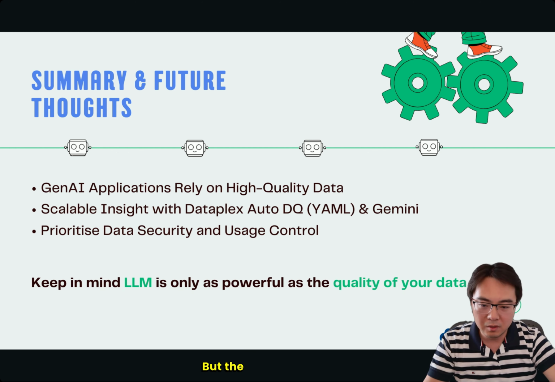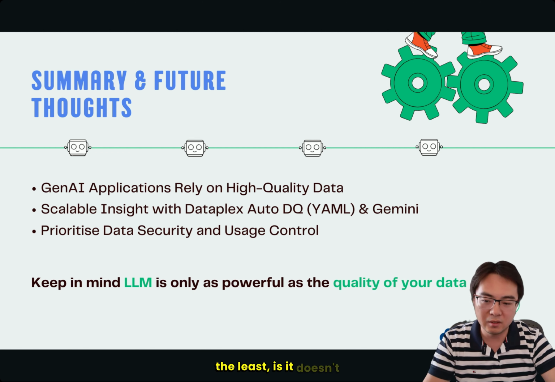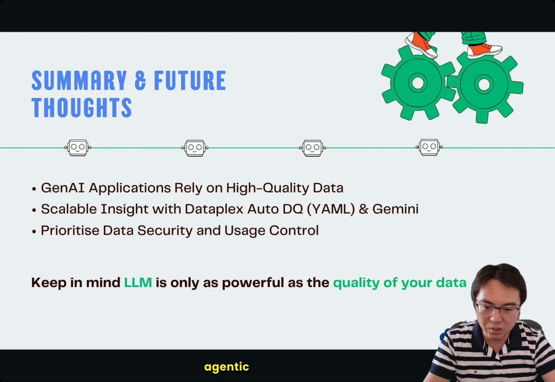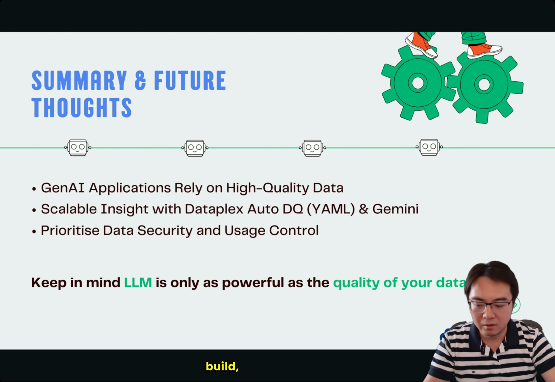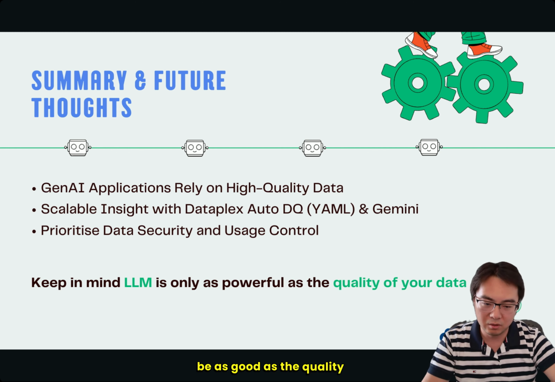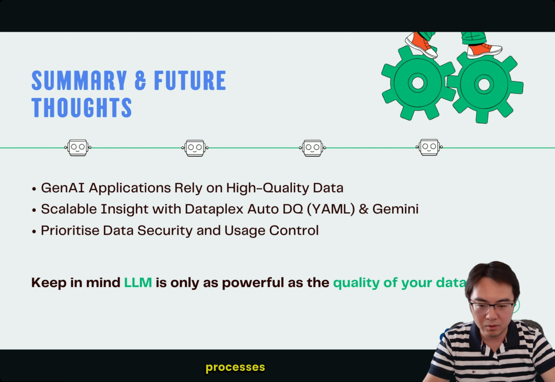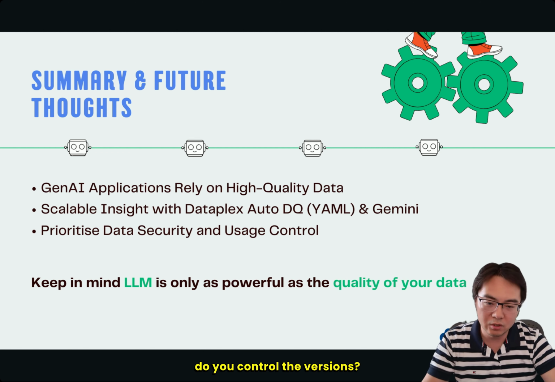But last, definitely not least: it doesn't matter how many cool GenAI agentic applications you build, the quality of your application is only going to be as good as the quality of your data. So please do pay a lot of attention to your data foundations, to how you deploy your applications, the DevOps processes, how you automate those processes, and how you control the versions, right?